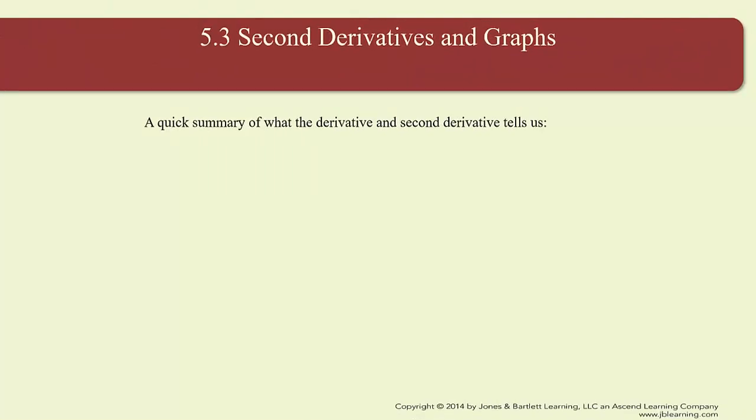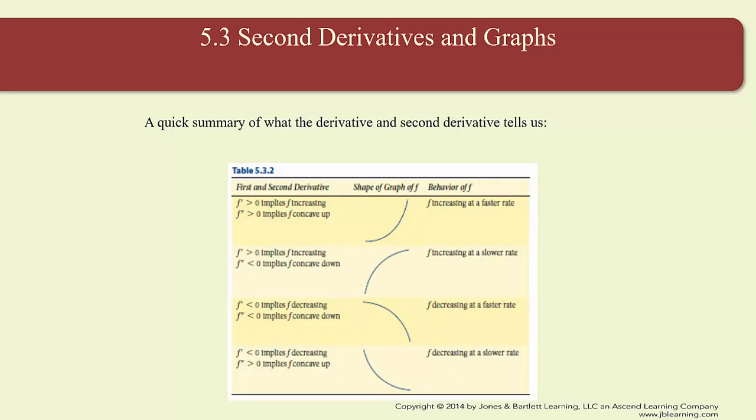All right, hopefully you were able to work through that last example and find inflection points. I'd like to look at a quick summary of what the derivative and the second derivative tell us. So this is a table that you would find in the book. If I'm looking at the first row here, if the derivative is positive, that tells us the function is increasing.